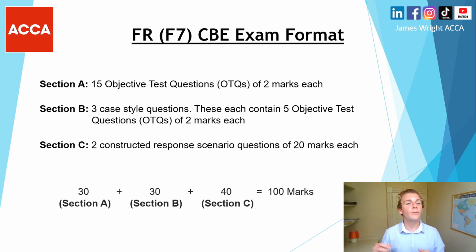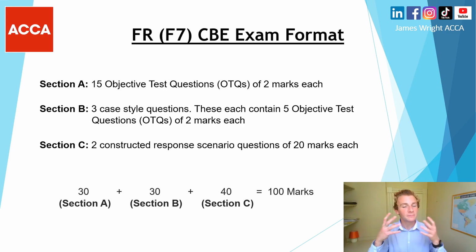Now, you need to be aware of the different sections within your actual examination, and this is for the CBE exam format, where in section A, we've got 30 marks, section B, you've got 30 marks, and section C, you've got 40 marks. And this is where you have OTQ questions in section A, 15 of those at 2 marks each. In section B, you've got 3 case-style questions.